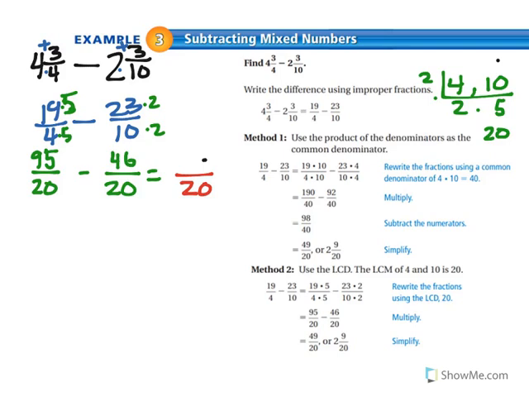Well, if it was 95 minus 45, then we would have 50. But it's 95 minus 46, so it's one fewer for our answer, so it's going to be 49. So our answer is 49 over 20, or 2, and 2 times 20 is 40, so 2 and 9/20.